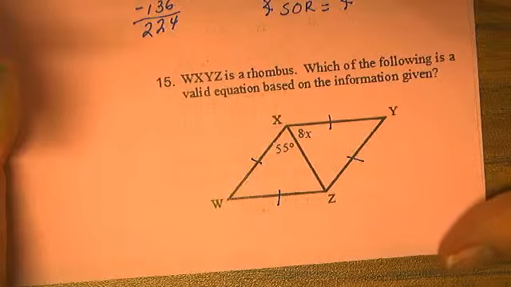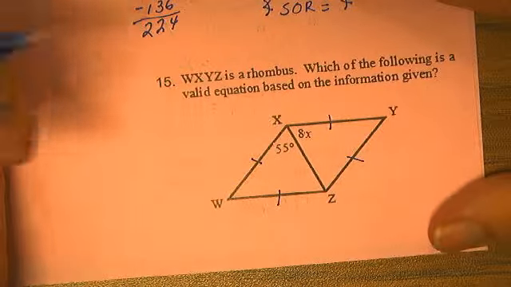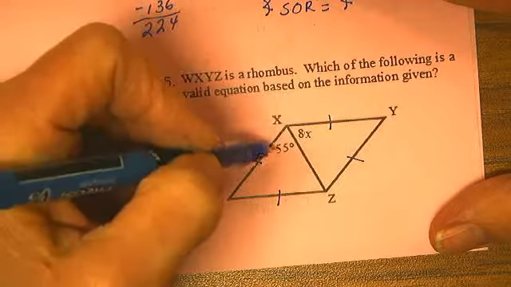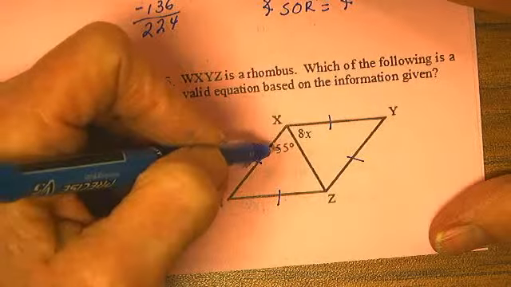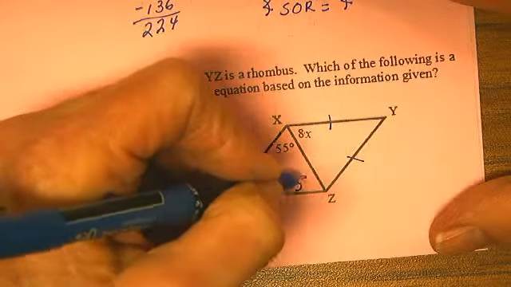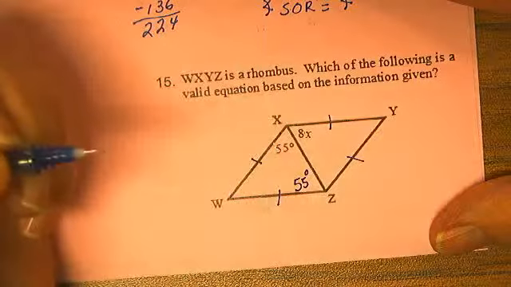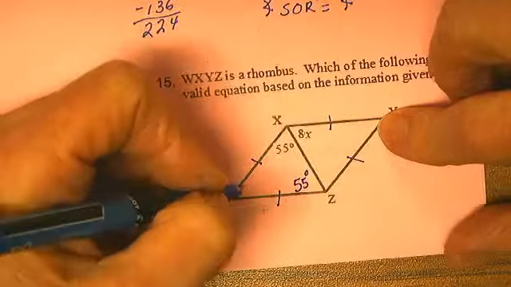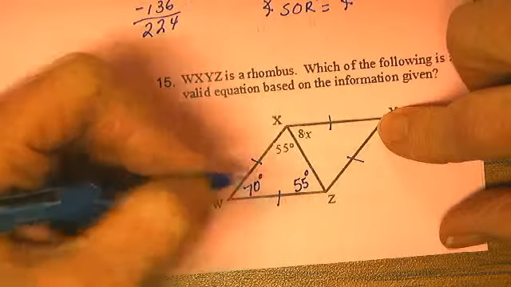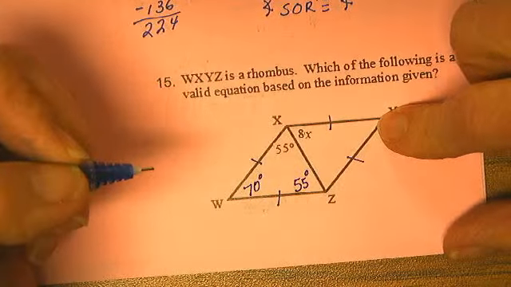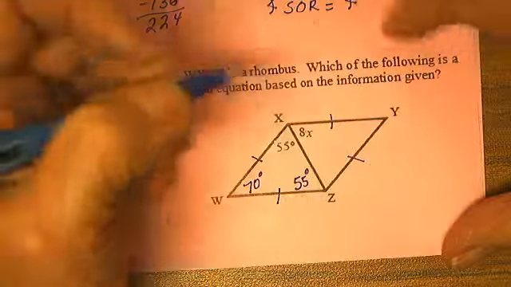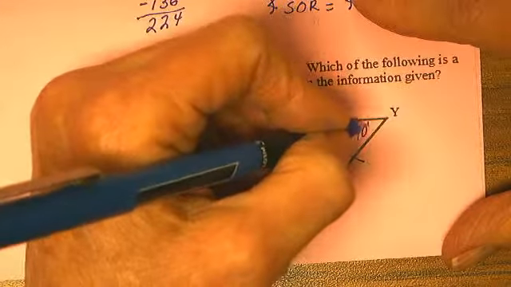So if I have parallel sides, this is 55 degrees, so this is 55 degrees. So that's 110, so this is 70 degrees. And this is 70 degrees.